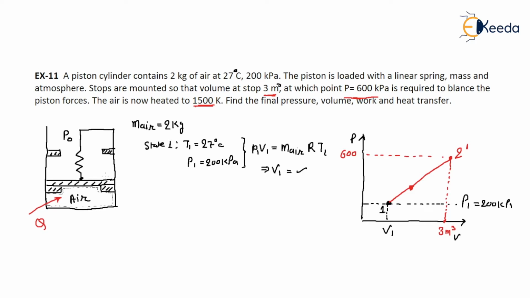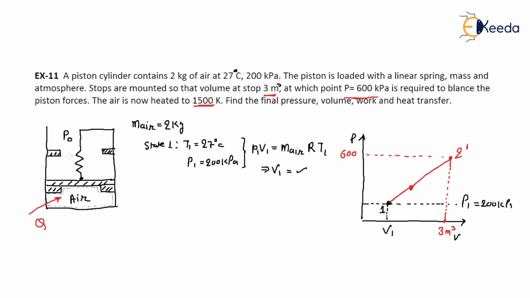You have no knowledge about that. If you supply heat and the system temperature reaches 1500 Kelvin, how can you say that the piston will hit the stop? This is a hypothetical condition.